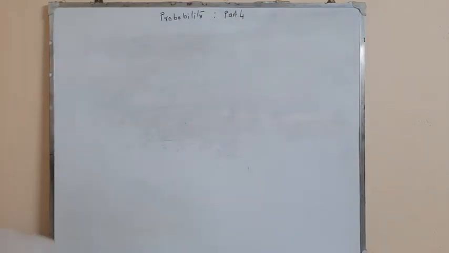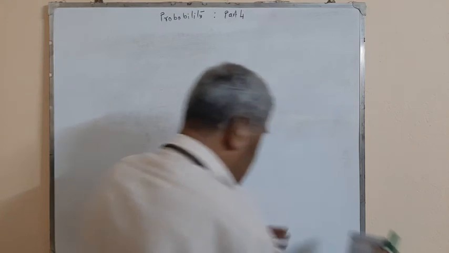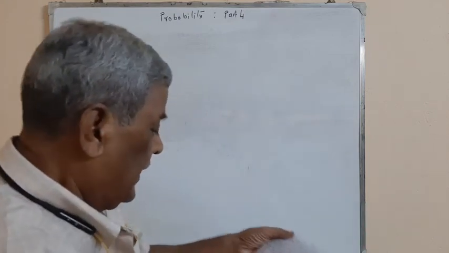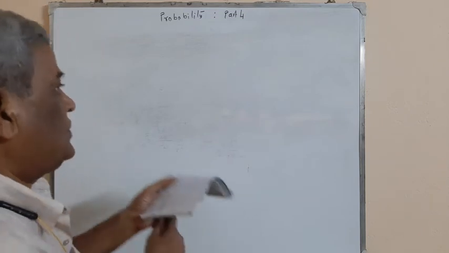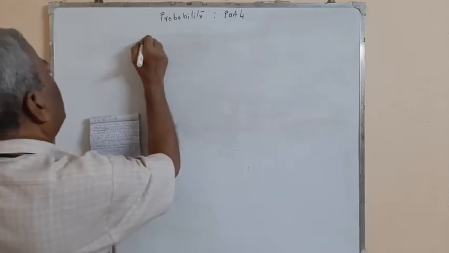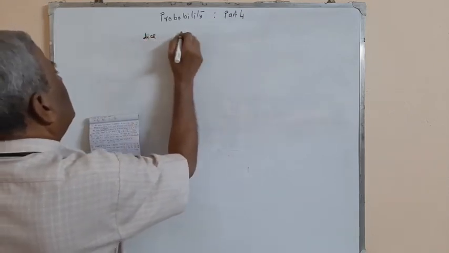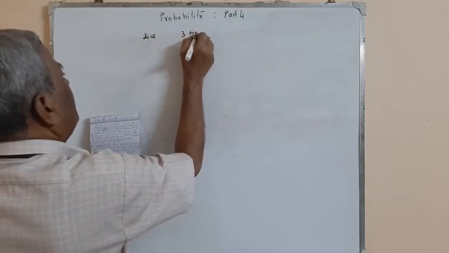Now our next problem is, a fair die is thrown thrice, 3 times.